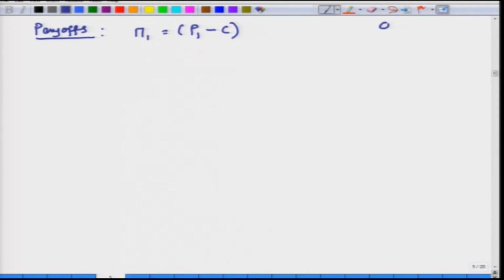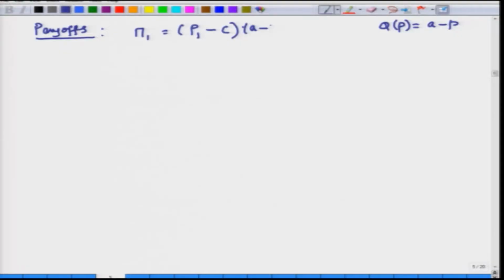Recall that the demand curve is A minus P, where P is the minimum of P1 and P2. So, if P1 is less than P2, then the entire market demand is captured by firm 1. So, the quantity is going to be A minus P1, where P1 is less than P2.